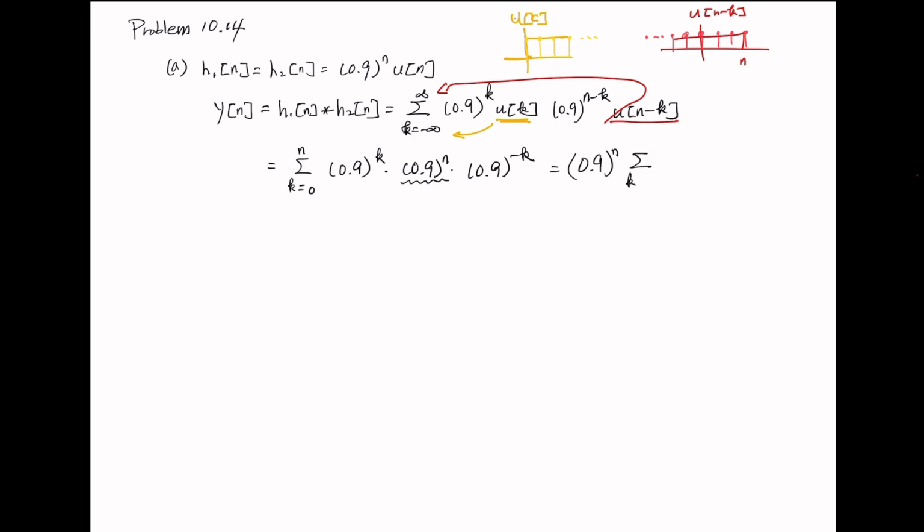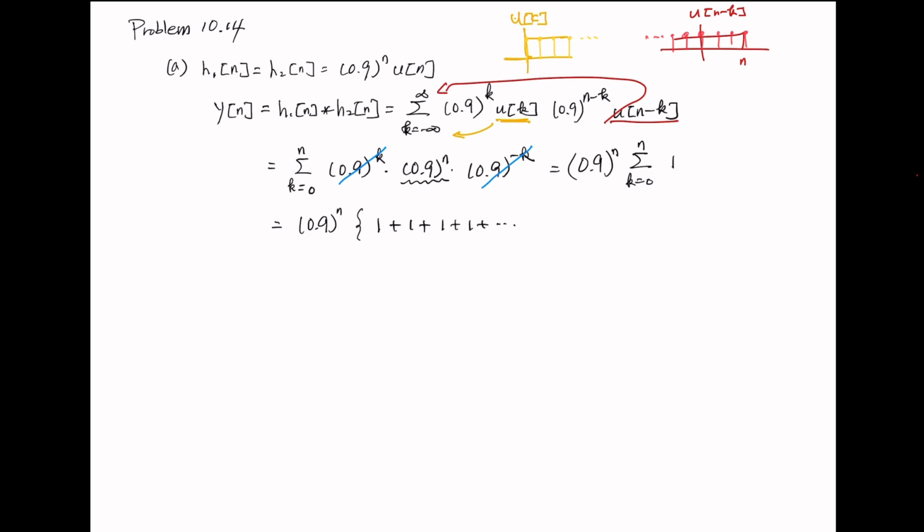Now we have the summation k goes from 0 to n, and this 0.9^k and 0.9^(negative k) will give us 1. Now for this, we go from k equals 0 to n, and we're going to add 1. So that is 0.9^n times 1 plus 1 plus 1 plus 1 plus dot dot dot.